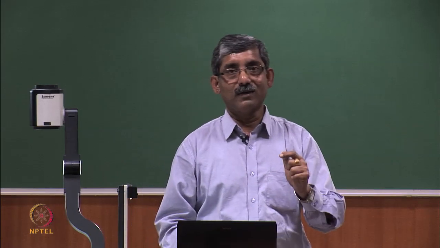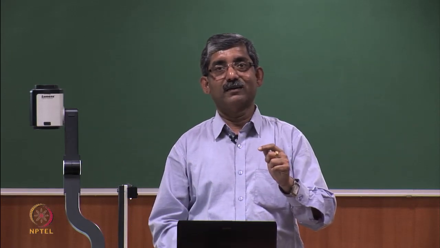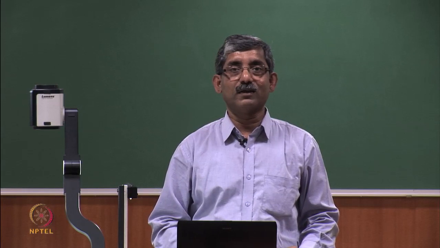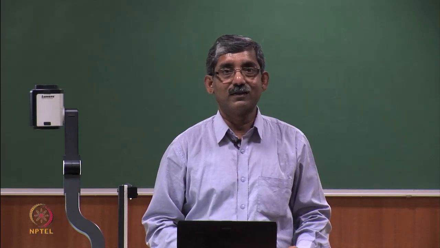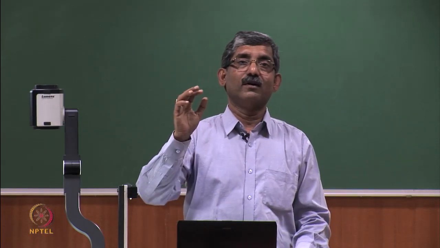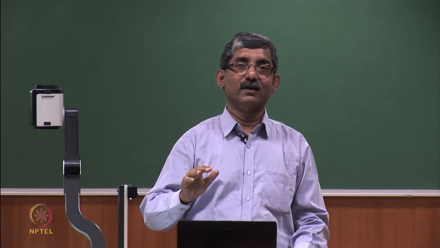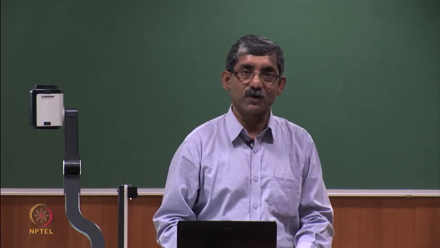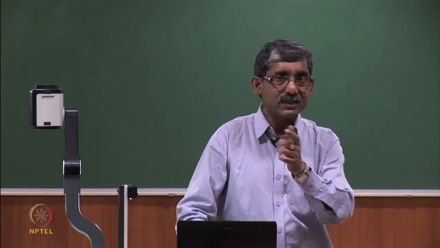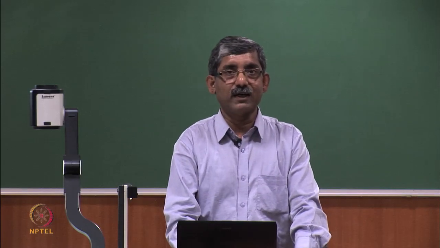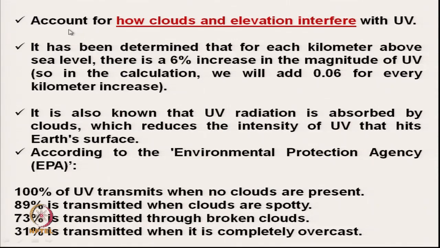And at the same time, if the earth surface is covered with cloud, the energy of UV ray reduces proportionally. So, this effect can be incorporated here. Now, we have to account for how cloud and elevation interfere with UV.